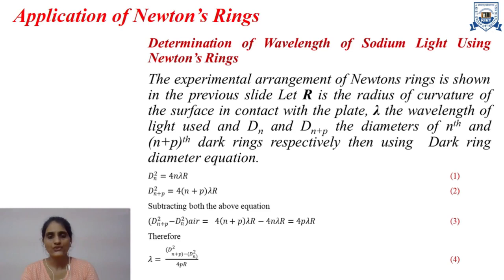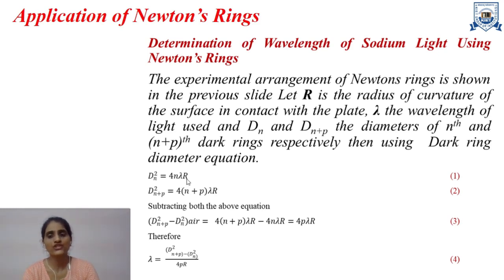wavelength of light used. Now here we will consider the diameters of dark rings. We can also consider the diameters of bright rings, but for this I have considered the dark rings. So if I determine two dark rings, I denote by Dn the diameter of the nth dark ring, and Dn+p is the diameter of the (n+p)th dark ring.